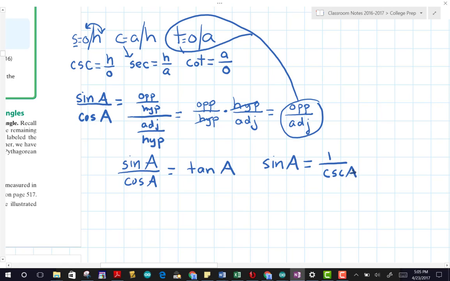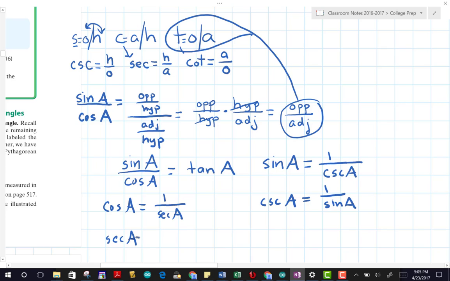The cosecant of A is equal to 1 over the sine of A. Cosine of A is going to equal 1 over, take a minute to think about it, what's the reciprocal of cosine? Go back up here. And the reciprocal of cosine is secant. So cosine is equal to 1 over secant. And secant is equal to 1 over cosine.